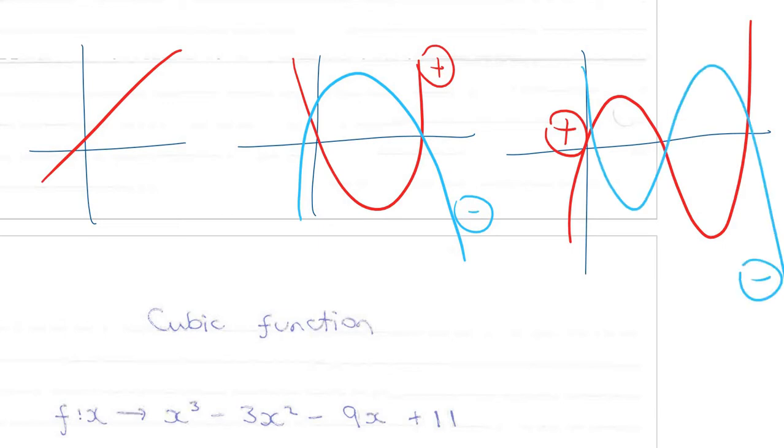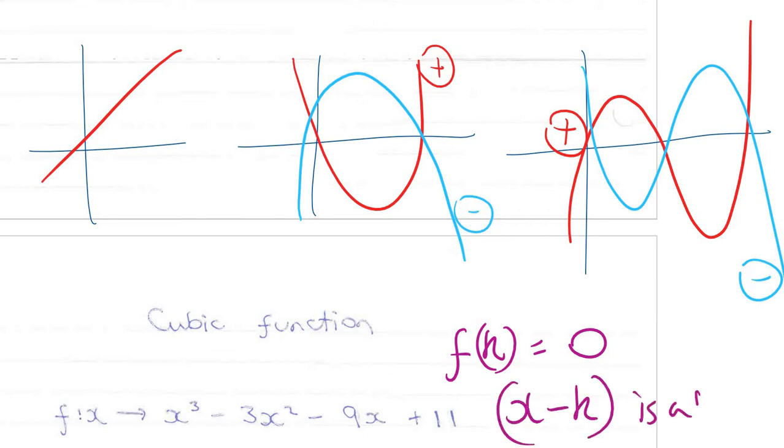So to solve cubic functions, we first need to look at something called the factor theorem, which states that if f of k is equal to 0, so that means when I have a function, I plug in the number k into that, and the resulting value is 0, then I can say that x minus k is a factor.